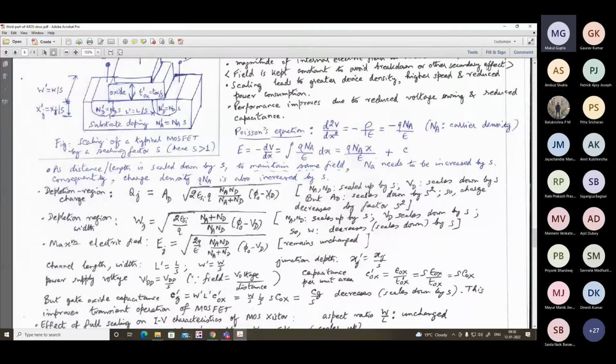But outside you see the area is there. Here two dimensions are there, length and breadth. So the depletion region charge now becomes decreased by a factor of S square.